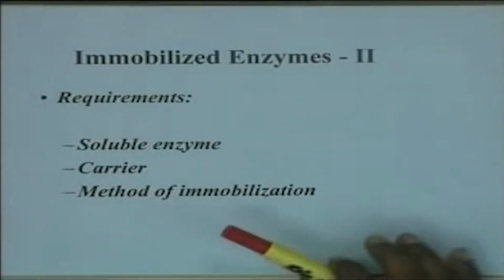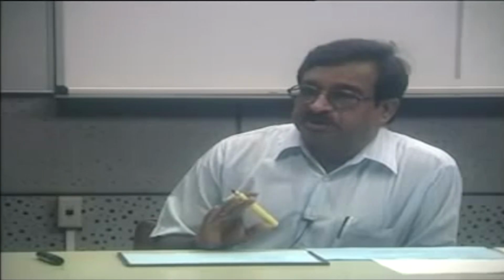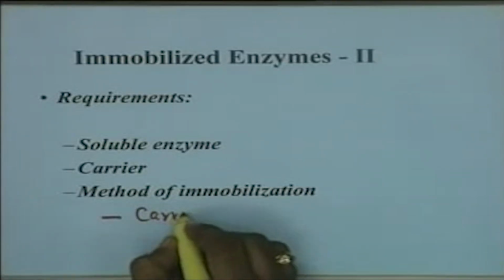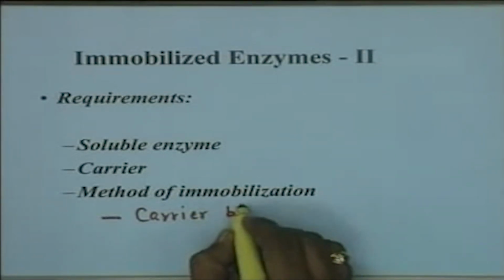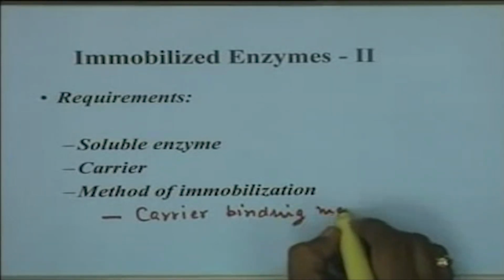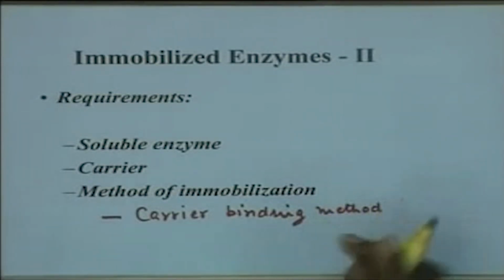Now, a large number of methods of immobilization are reported in literature. Most of them can be classified simply into three major categories. One is carrier binding methods, where we take either a prefabricated carrier or a carrier for conditioning, either activation or some conditioning, and couple that to the enzyme with a physico-chemical interaction.